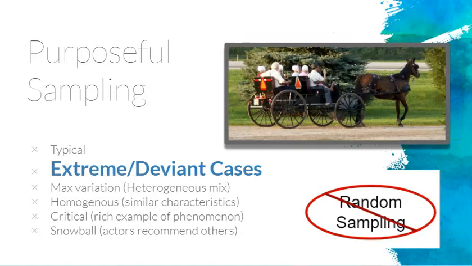Another thing we might look at is extreme or deviant cases. So maybe I'm going to specifically study parents who've initiated a lawsuit against the school district and see what they perceive as their role in education.